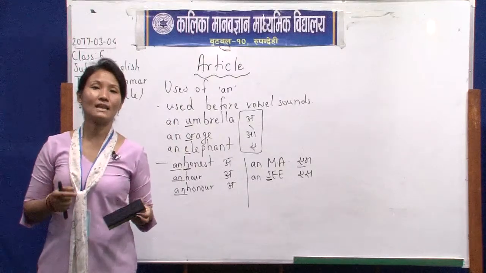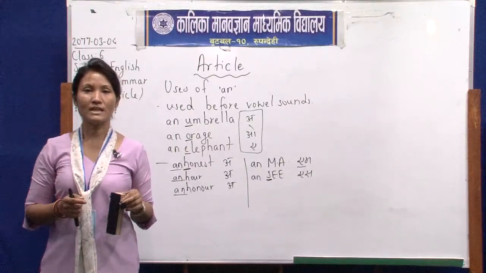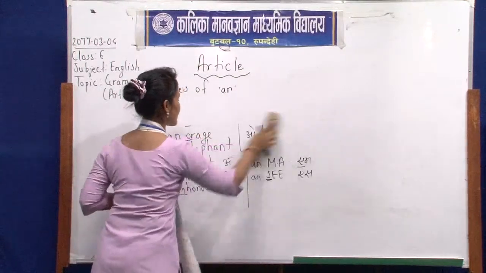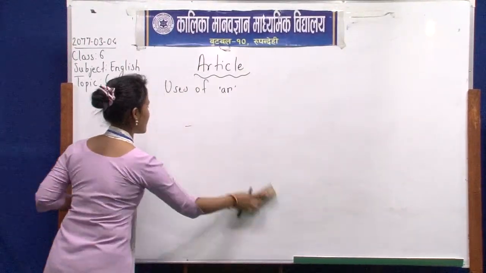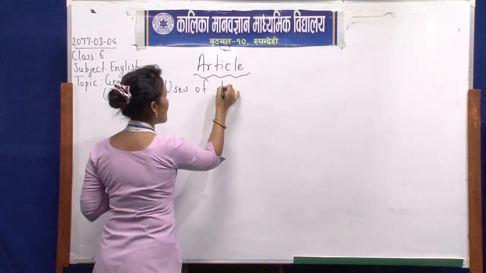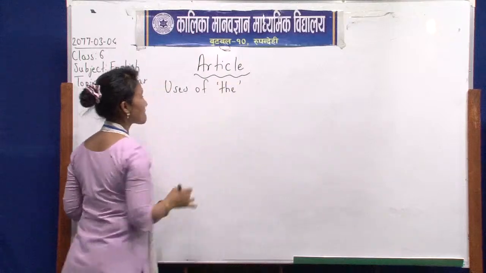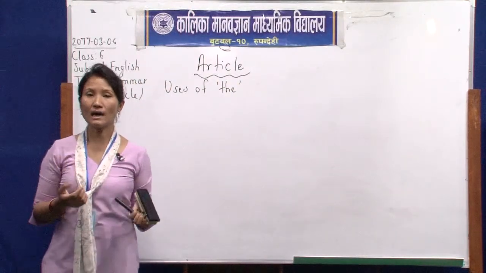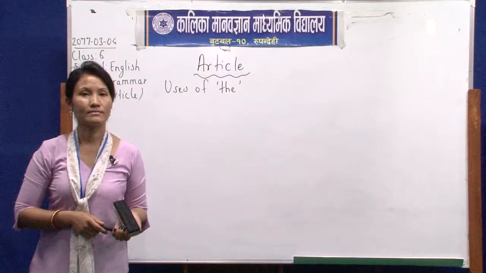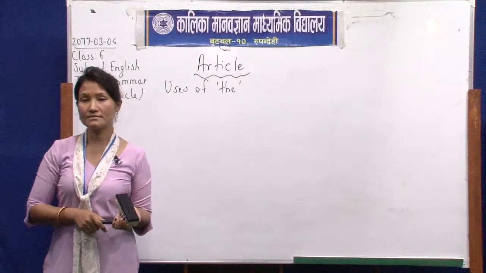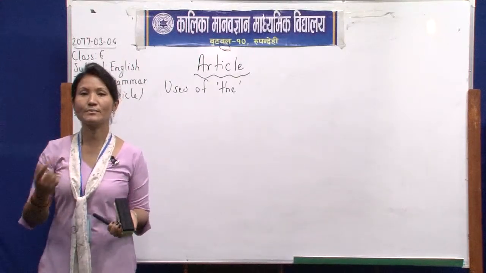Now we will go to the last article, that is the. Uses of the. Where we are going to use the: the first thing, listen to me carefully, the is used in front of a noun which is repeated.